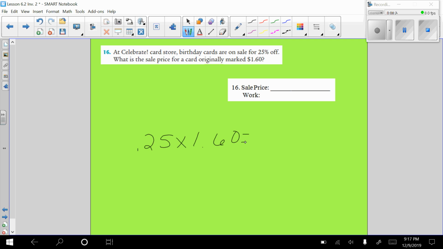You should get, actually, I better put that in my calculator. 0.25 times $1.60 is 40 cents. That's how much you're going to save. So that means the sale price would have been $1.60 minus 40 cents to find out that it was $1.20.